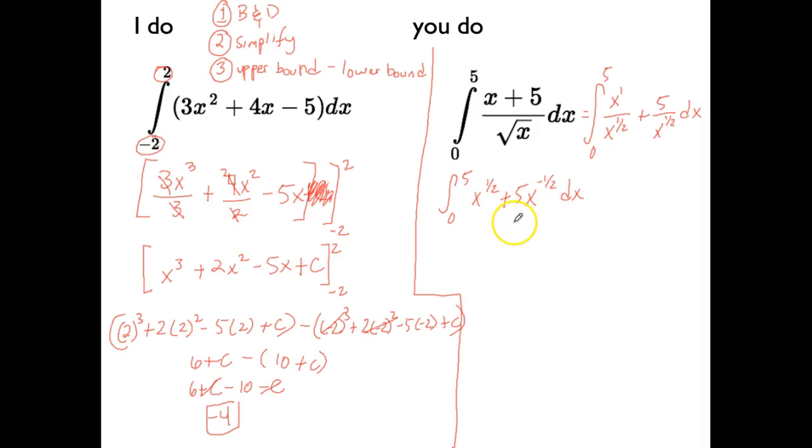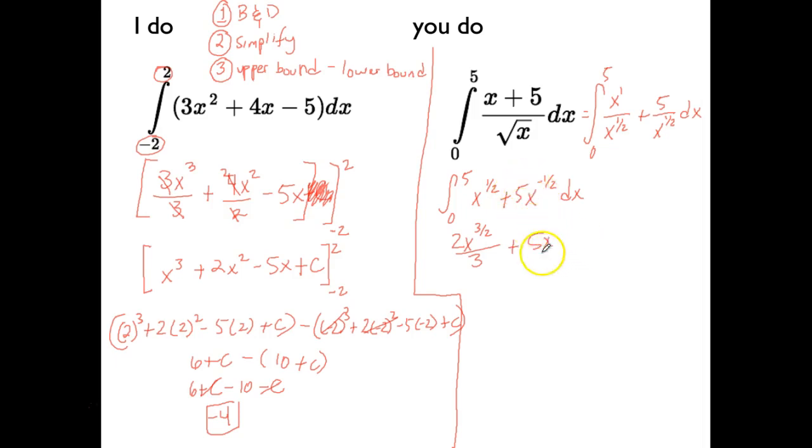Okay, so now we can go ahead and boost and divide. So boost and divide this one, it would be x to the 3 over 2, divide by 3, then divide by 2, which the 2 comes to the top, right? Okay, plus 5x. Remember how boost and divide works.